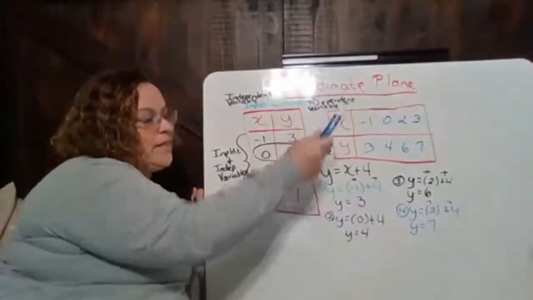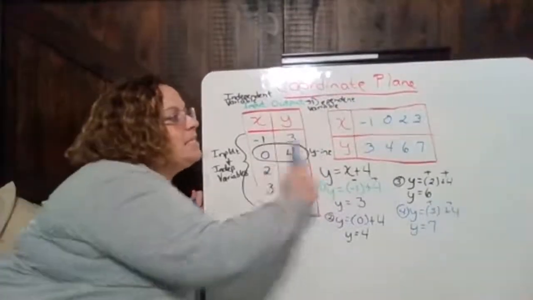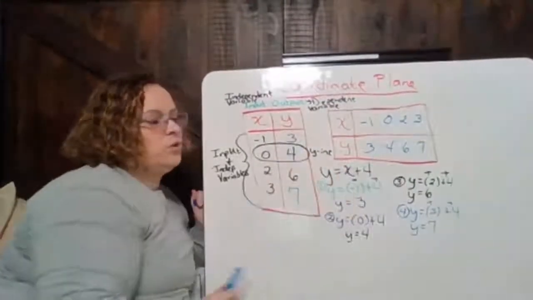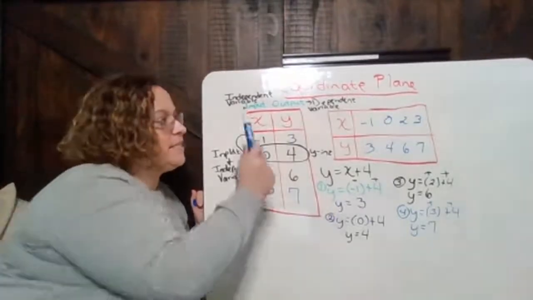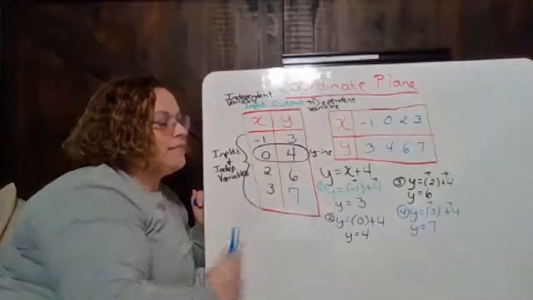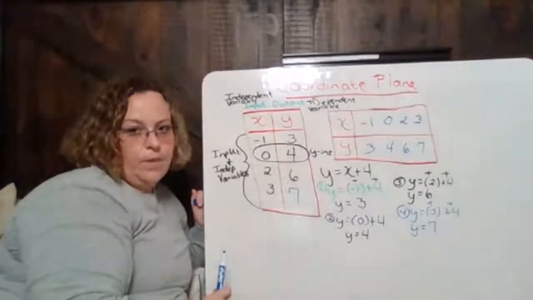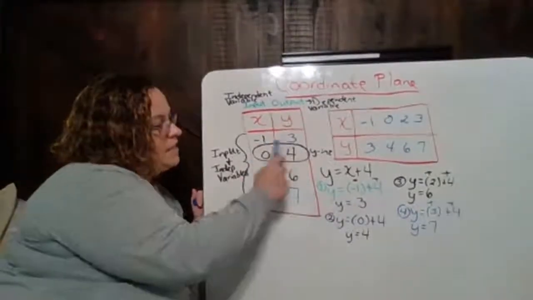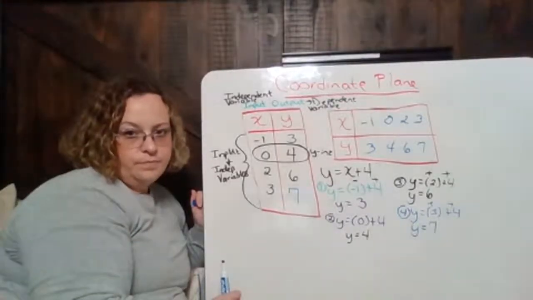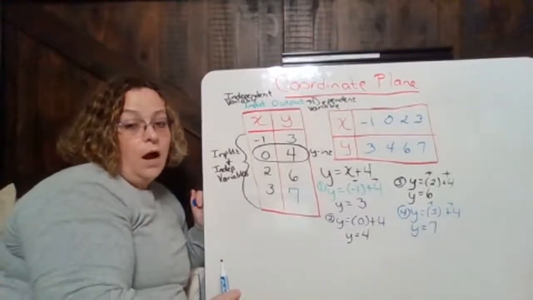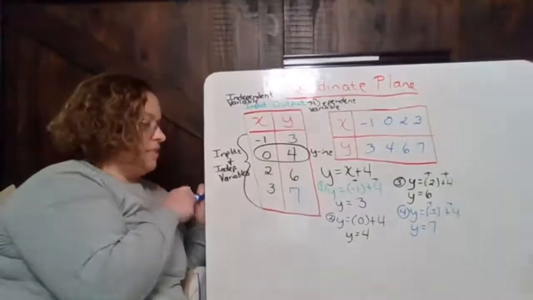They just wrote it sideways this time. It doesn't matter how they give it to you. Okay, it's still a table, a graphing table. So then you would use these and you would plot them on your graph just like we were working on yesterday. Okay? All right. So that's dealing with tables.